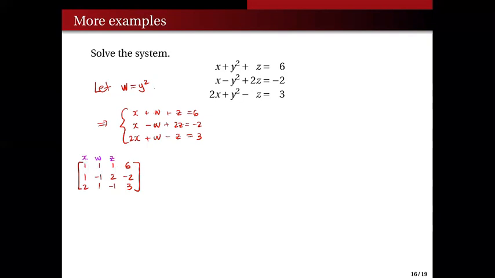So we proceed immediately to step 4. This is a leading 1. We want to make this 0 and this 0. To do that, we can replace row 2 by row 2 minus row 1. And on this step, we will replace row 3 by row 3 minus 2 row 1. Take note that in this combined step, we are only using row 1. And we are not changing row 1.